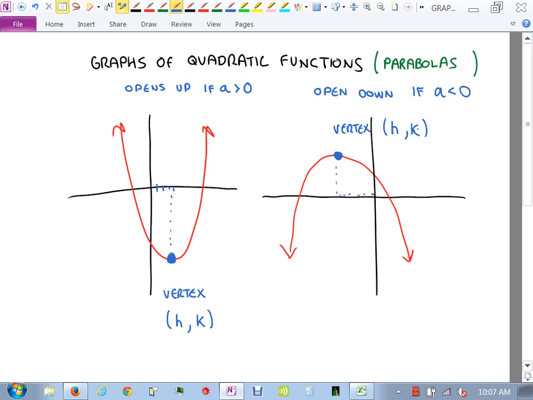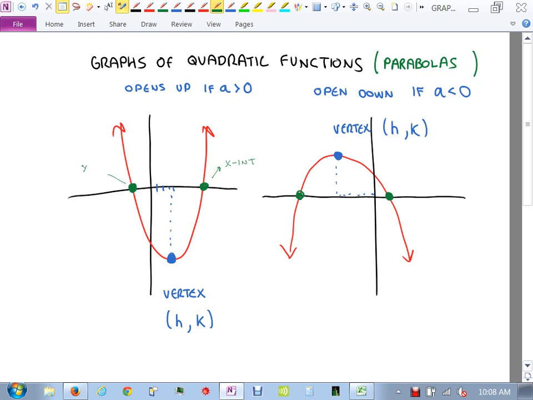Let's point out some other things on this graph. We have some more interesting points. How about these points that I'm labeling here, the green ones? On both graphs, those green dots are your x-intercepts, right? So this right here is an x-intercept.